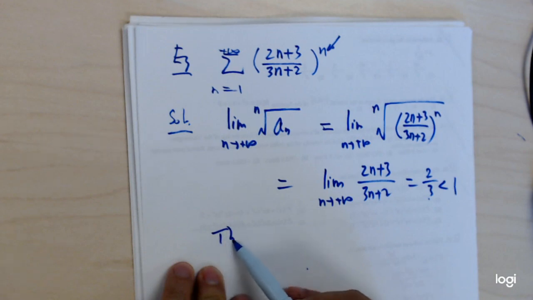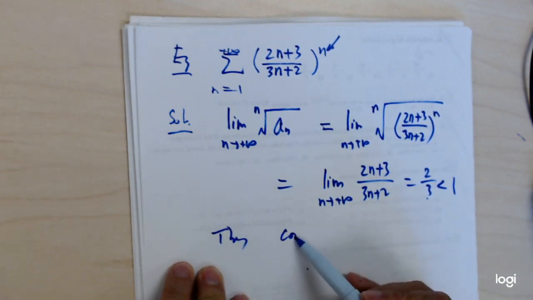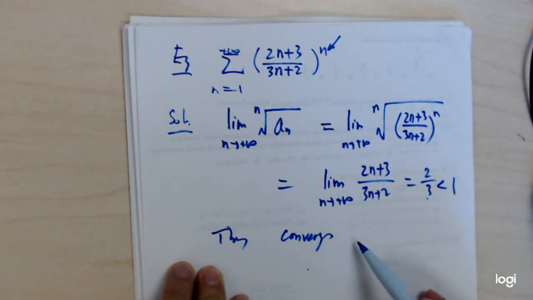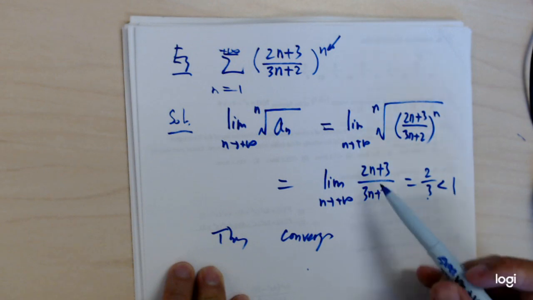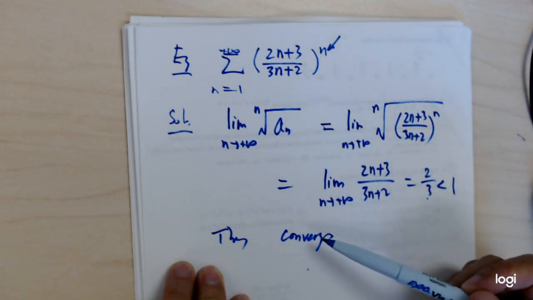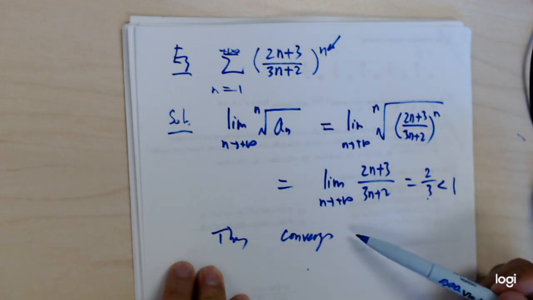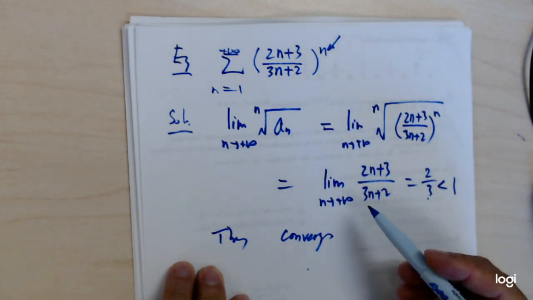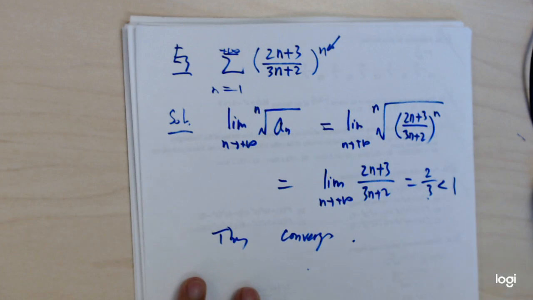So what's my conclusion? Well, the conclusion of the root test says this one converges what? Absolutely. But obviously I don't need that word here, because for a positive series, converges and converges absolutely are the same concept. So I simply say this series converges.